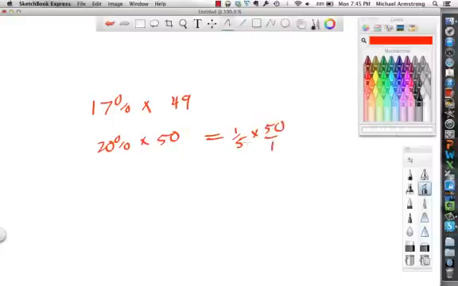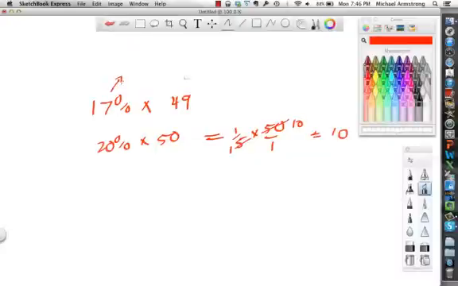And yeah, that works great because 50 divided by 5 is 10 over 1. So you just get 10. All right, so 17% of 49 is around 10. That actually works pretty well. We just rounded both of those up.